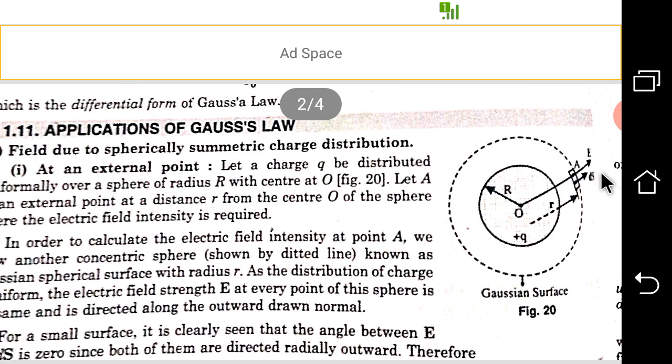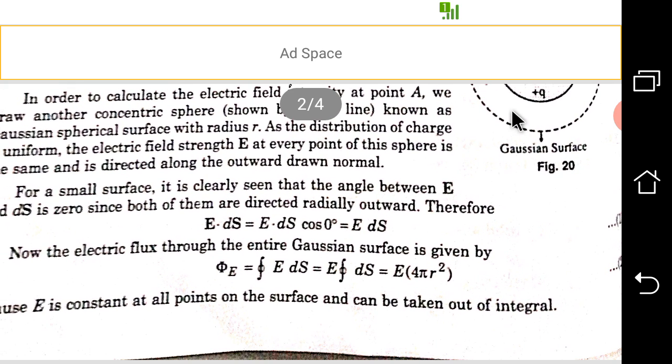Therefore, it is E ds. So now the electric flux through the entire Gaussian surface is given by phi equal to the closed integral of E dot ds. Substitute the value of the integral of ds, that is 4 pi r square.